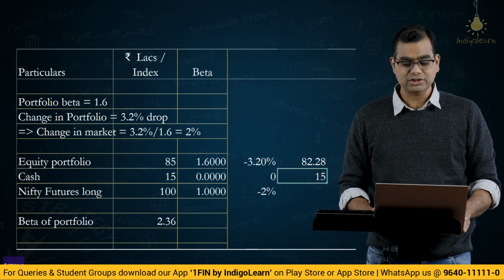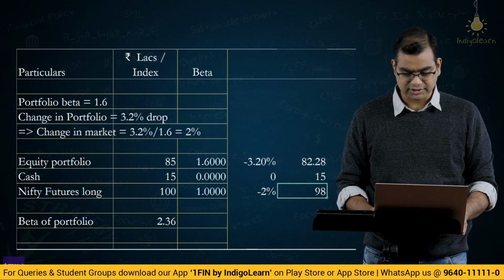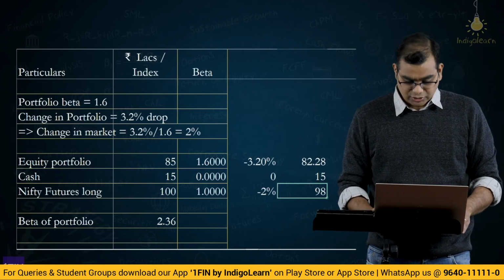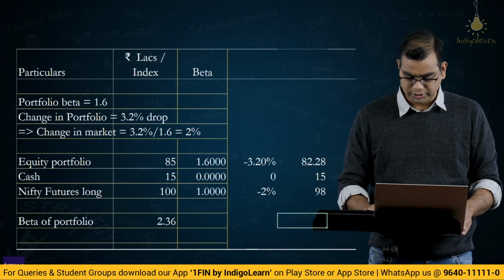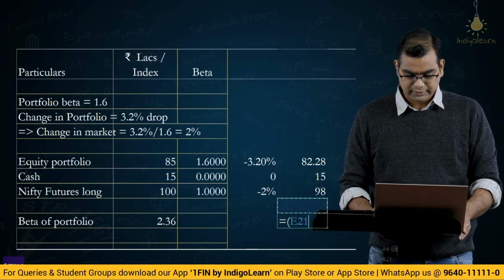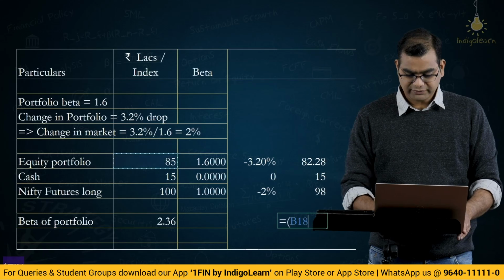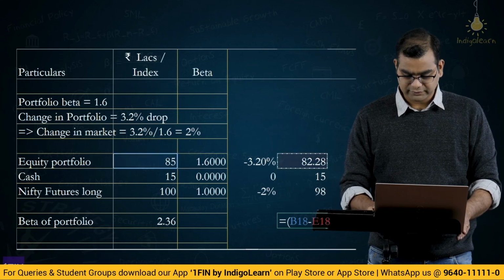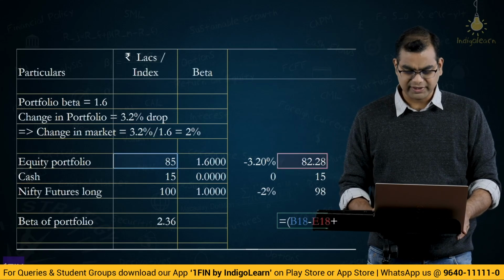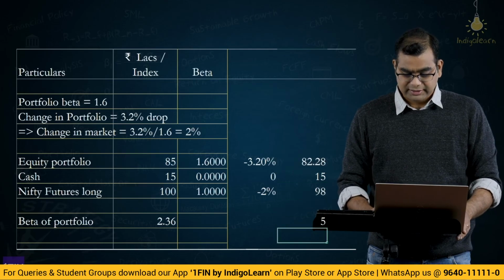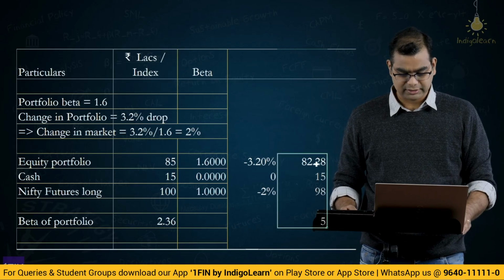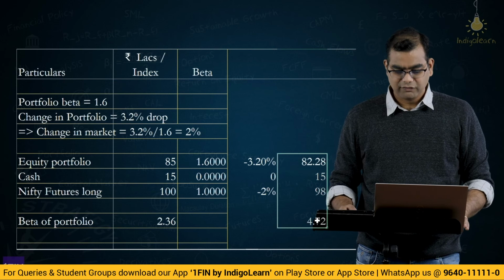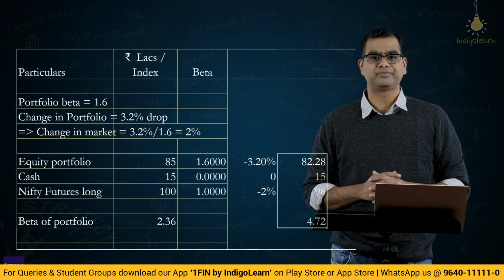Will there be any change in cash? No. Will there be any change in Nifty futures? Yes, there is a loss. Okay. So what will happen to your total portfolio gain or loss is, you will do 85 minus 82.28 plus 15 minus 15 is anyway 0. So 100 minus 98, let me put them all in decimals, 4.72 is your total loss.